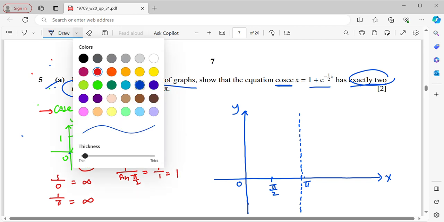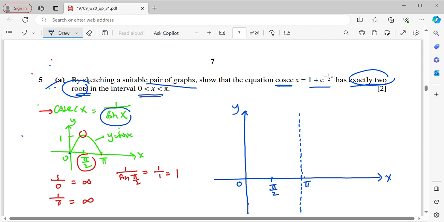But this is the maximum of sine x, so 1 over maximum will be minimum, which means this is a minimum point. So therefore, I will just simply sketch and get this graph. Make sure it is a minimum point. Alright, so this is my cosec graph.